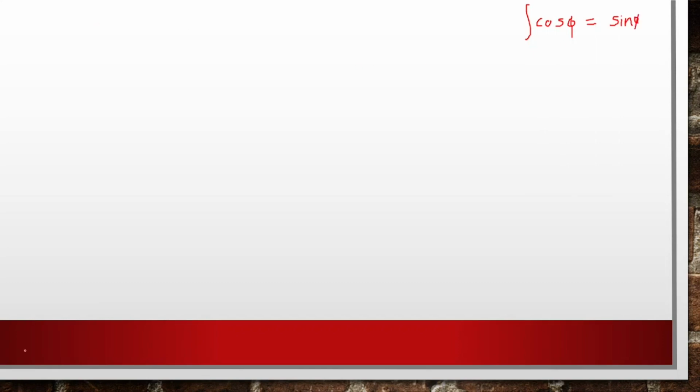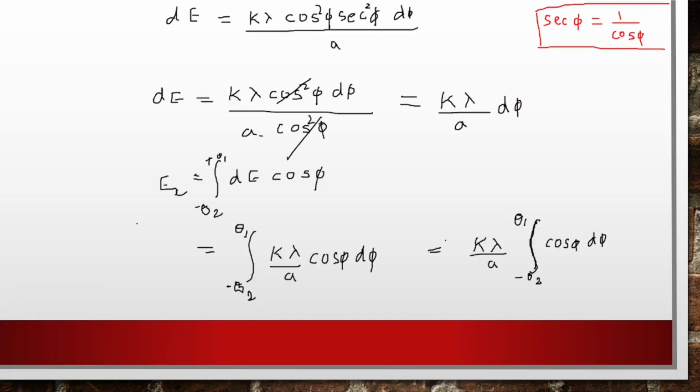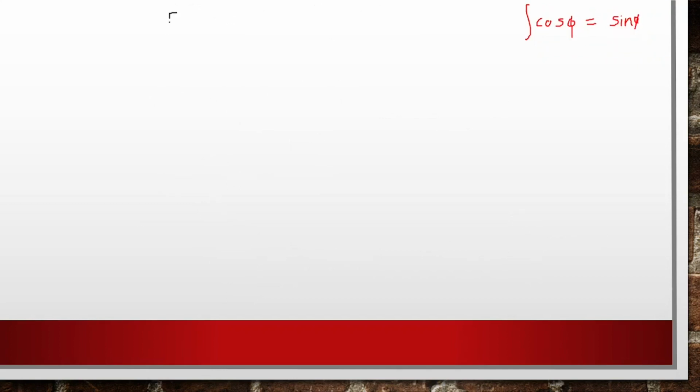So now when we apply it, we get Ex is equal to k lambda by a sin phi from minus theta 2 to theta 1.